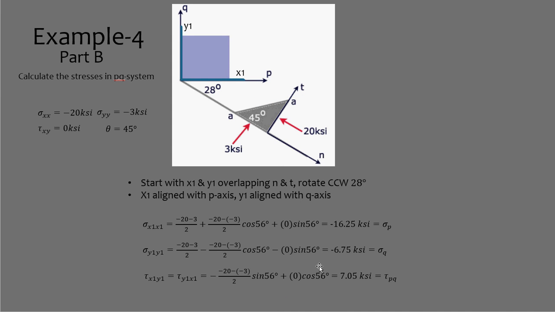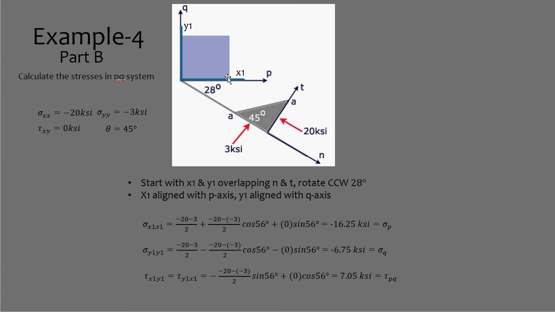So as I said before, N and T are a transformation from P and Q, but in this part we're basically working backwards. We're taking N and T and transforming up to P and Q. So you can see it's already written on the figure originally. Our angle theta from N to P is 28 degrees.